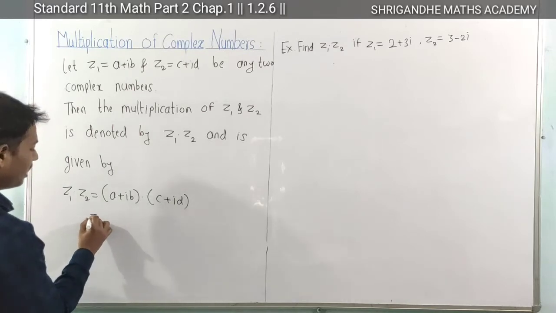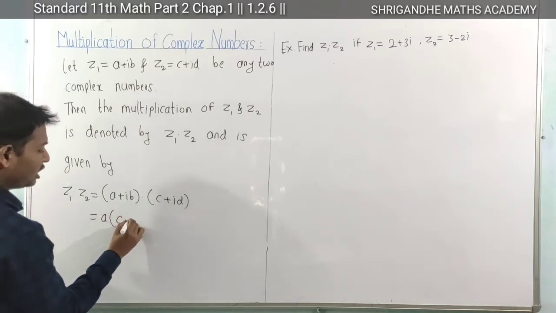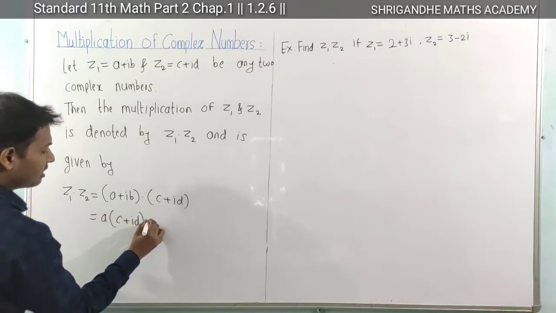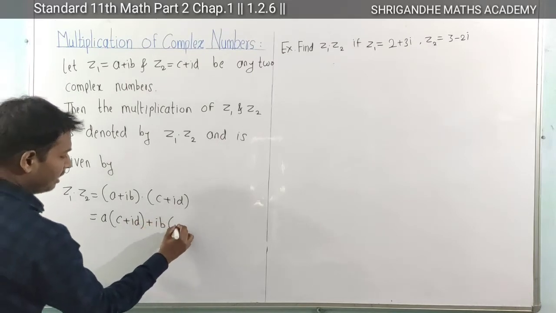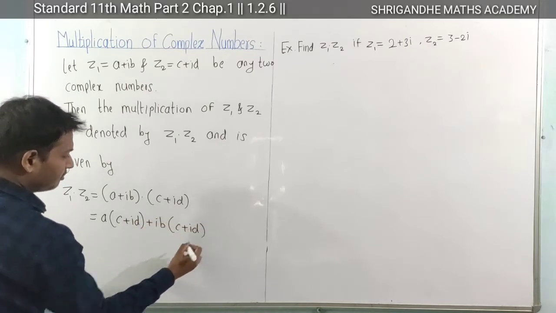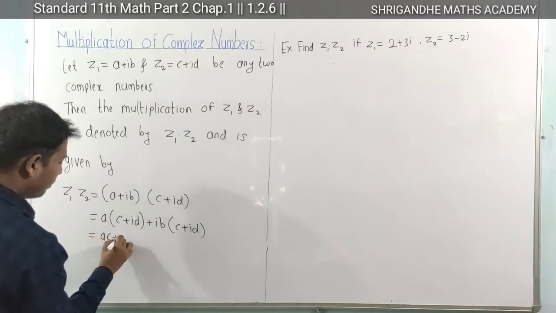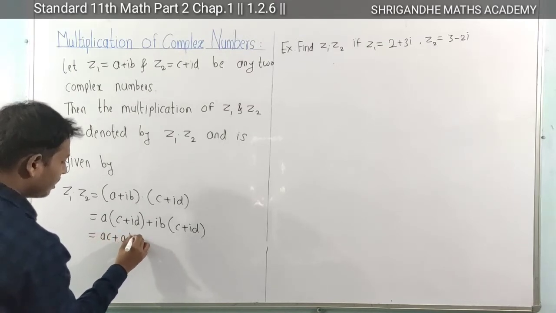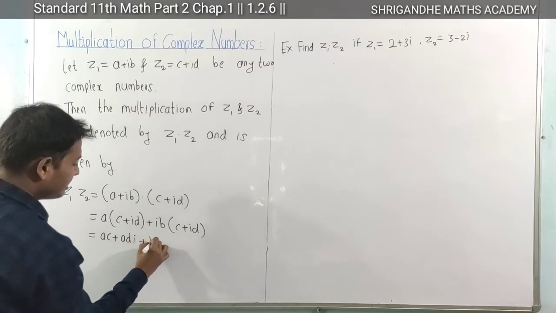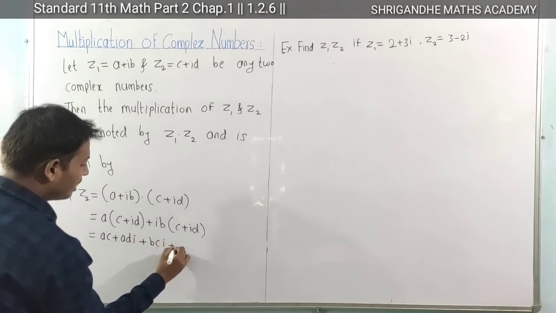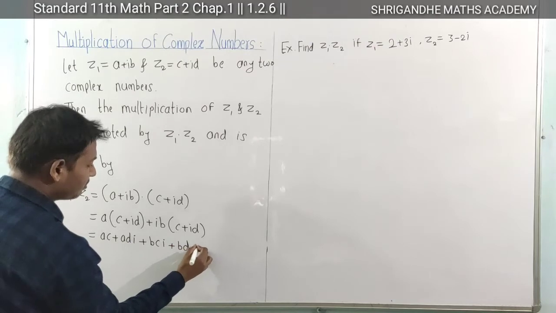This is equal to A in bracket C plus ID plus IB in bracket C plus ID. This is equal to AC plus ADI plus BCI plus BDI square.